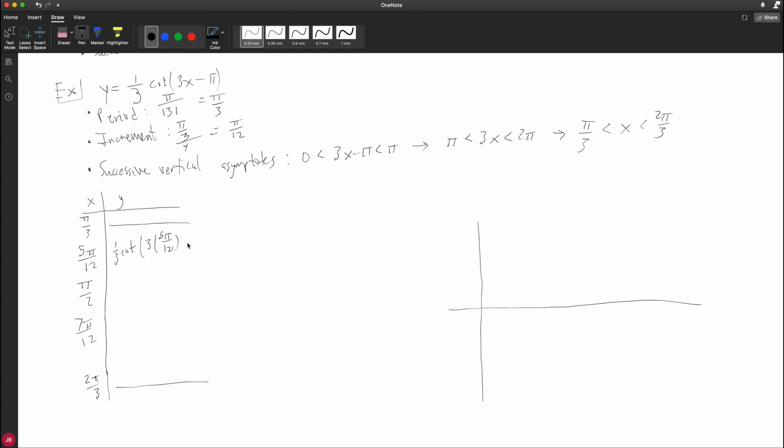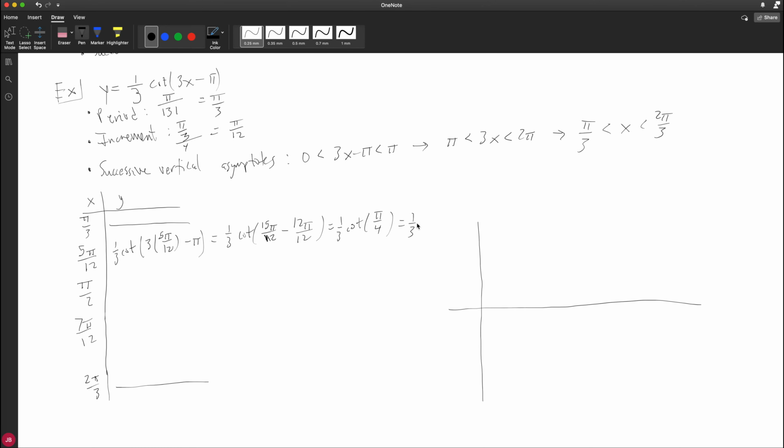So that's 15 pi over 12, and now I'm going to write pi as 12 pi over 12. And so that's 1/3 cotangent 3 pi over 12, which is the same as pi over 4. And the nice thing about cotangent is that since we know tangent of pi over 4 is 1, the cotangent is just the reciprocal, which is also 1.